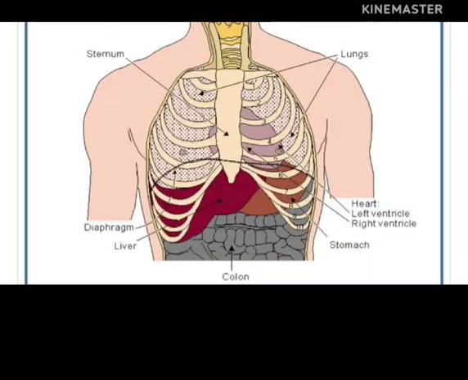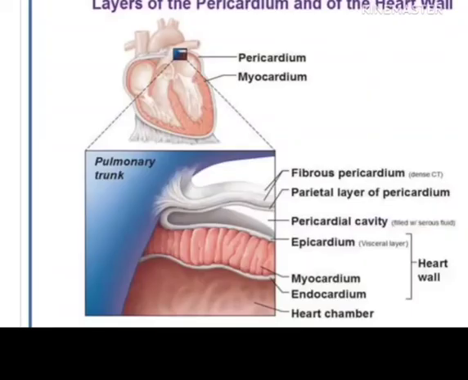You can see in this picture the position of the heart, situated between the lungs. Now we'll discuss the layers: epicardium, myocardium, endocardium. You can see clearly in this picture how the different layers of the heart are arranged.